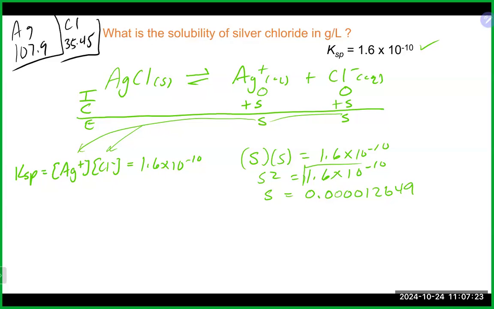First off, any questions on that? That is the molar solubility, the molarity, the concentration of the silver ions at equilibrium: 0.000012649. That's also the chloride's concentration.